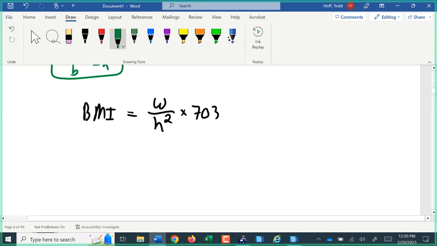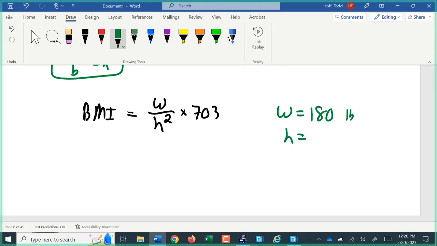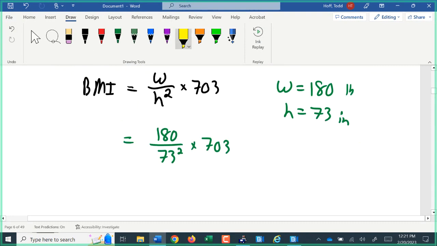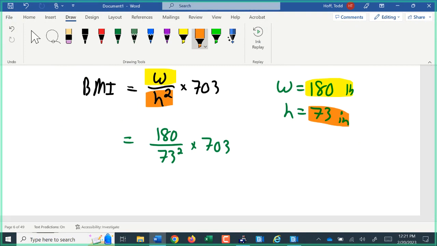So let's take a hypothetical person here who has a weight of 180 pounds and a height of 73 inches. So body mass index here would be 180 over 73 squared times 703. So again, you're just substituting in the numbers for the variable that they represent. And at this point, it's now just a calculator problem, really.